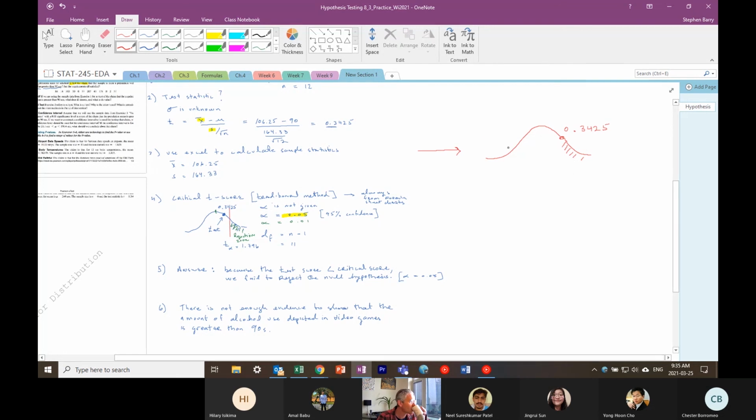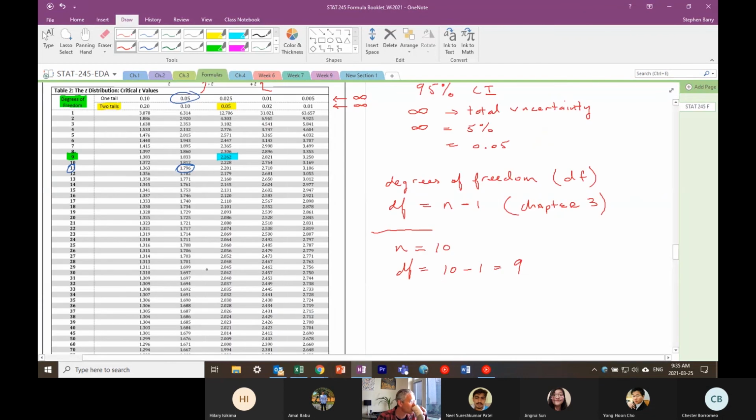Now with t-scores, it's a little bit confusing because our chart is not that good, right? With the z-score, it's easy, right? The z-score, you would just look up 0.34, approximately 0.34, right? That's how we read our z-score chart, just to 2 decimals. So it's quite simple. But you'll notice with the t-score chart, it's a little bit more confusing.